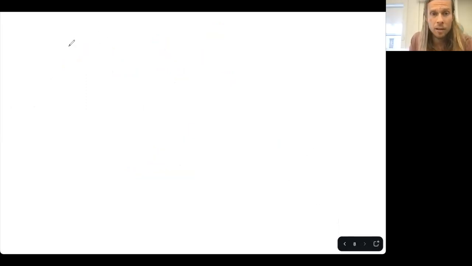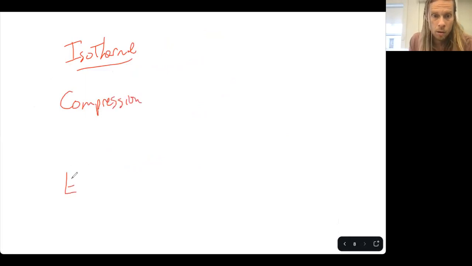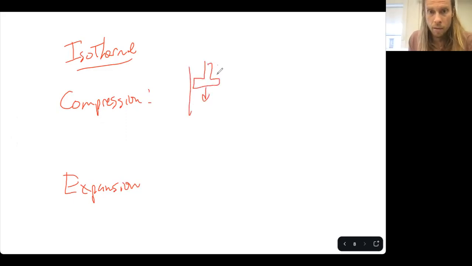And now just a little concept with isothermal. I won't do the math yet. So if I do an isothermal compression, what happens is my piston goes down, right?